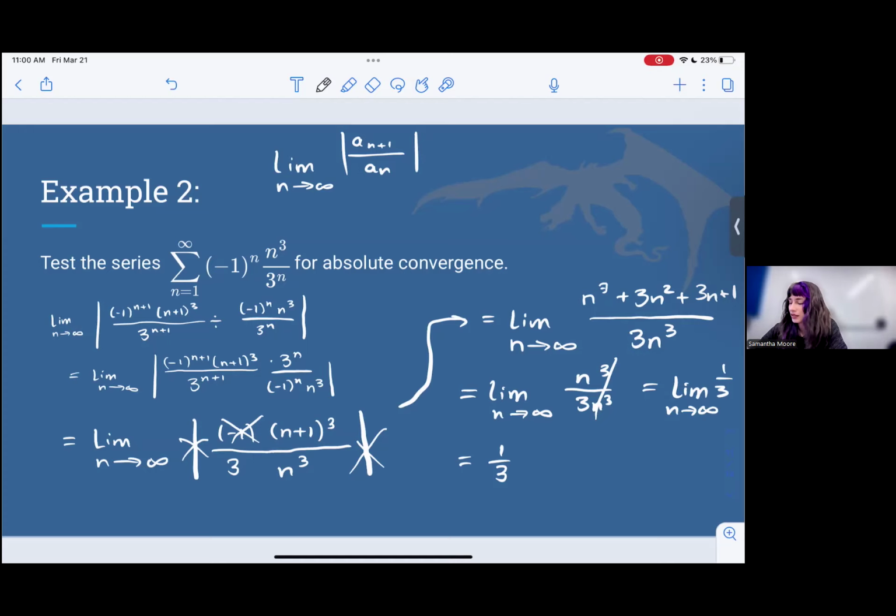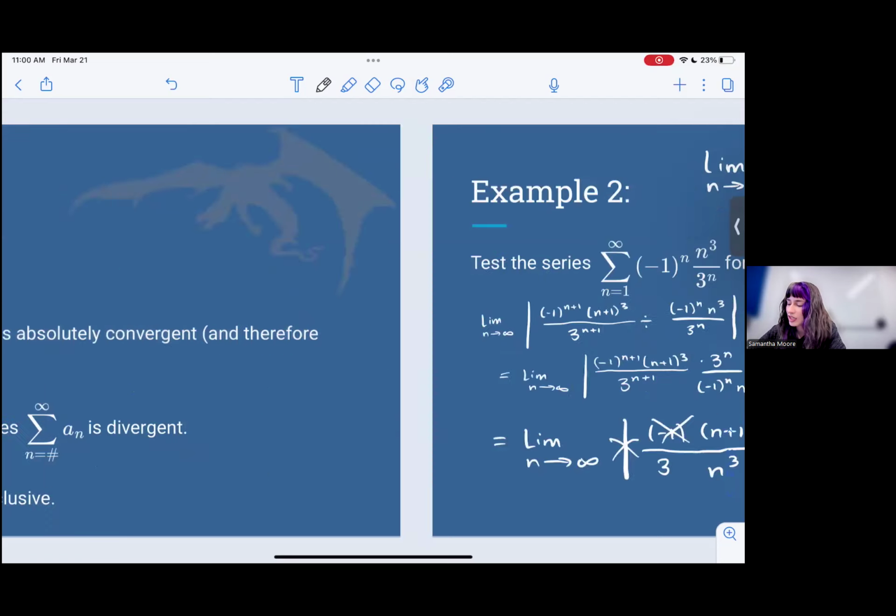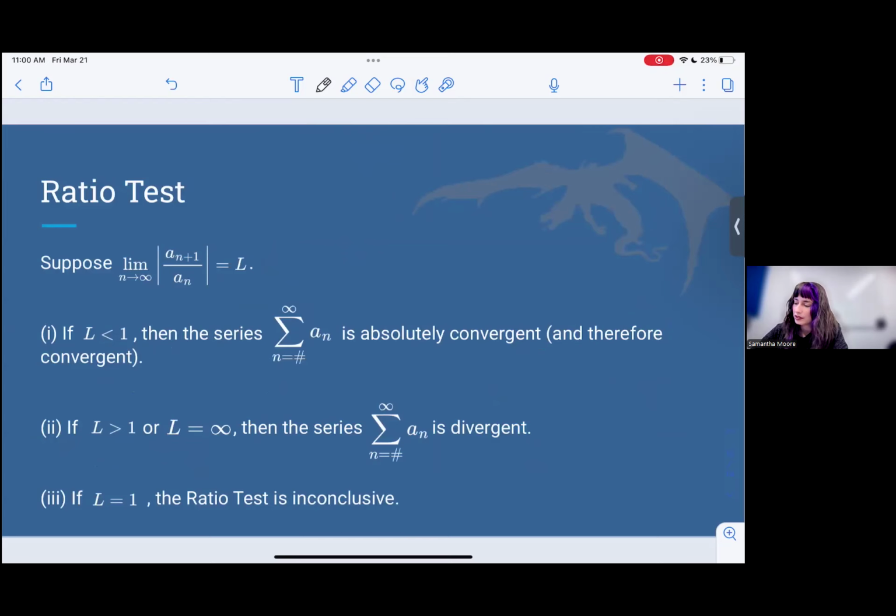Okay, so for this version of the ratio test, we have found that our L is 1/3. If we think back, our ratio test said that if our ratio is less than 1, then our series is absolutely convergent and therefore convergent.